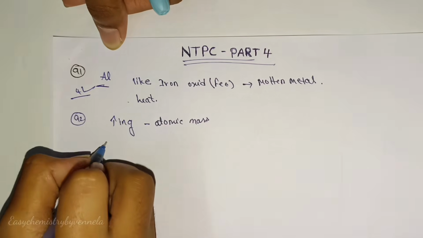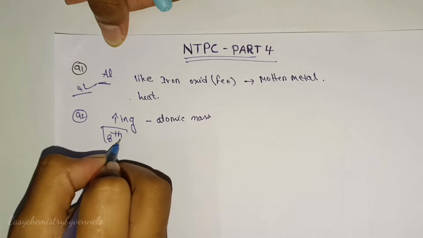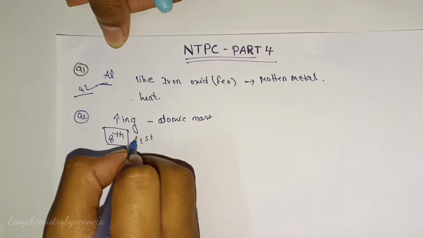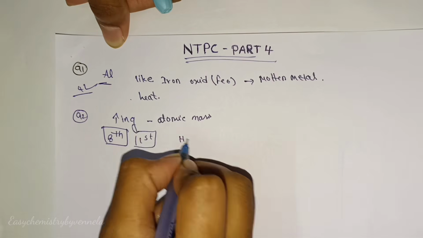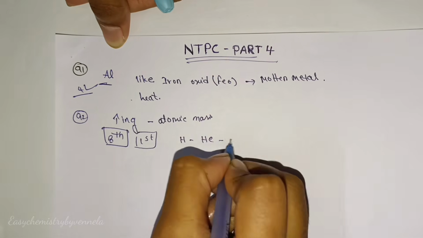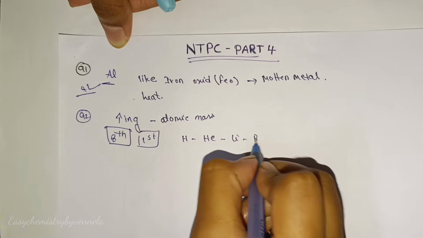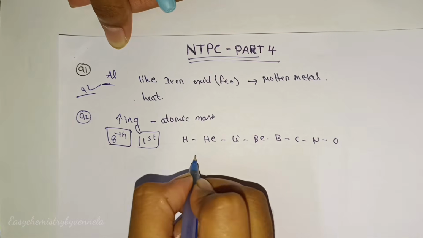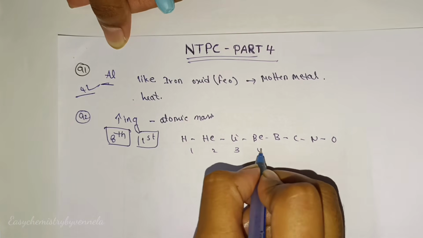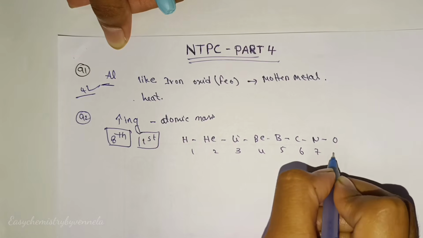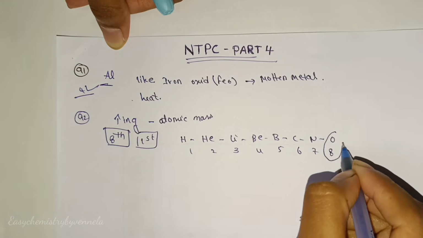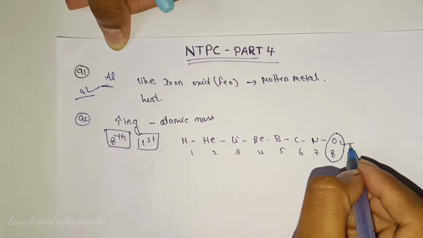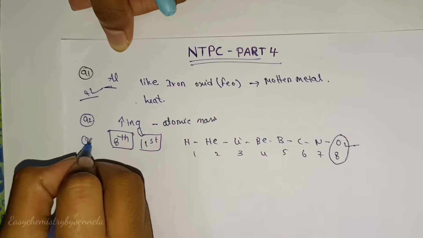Every eighth element has properties similar to the first element. Hydrogen, helium, lithium, beryllium, boron, carbon, nitrogen, oxygen. This is the numbering. So here the eighth element is oxygen. So the correct option is oxygen. First option is the correct one.